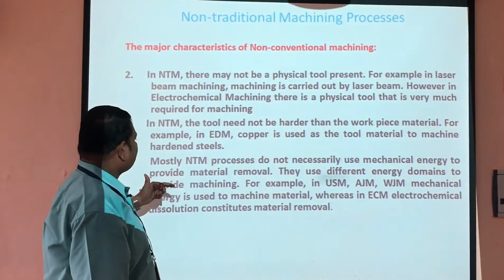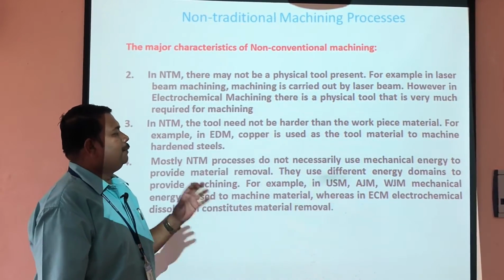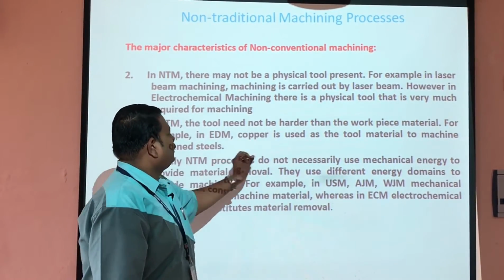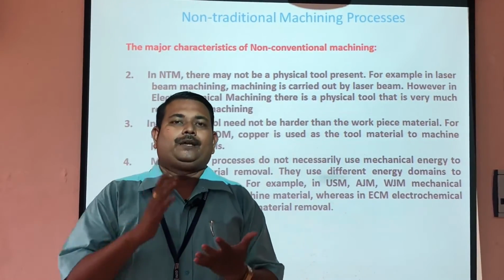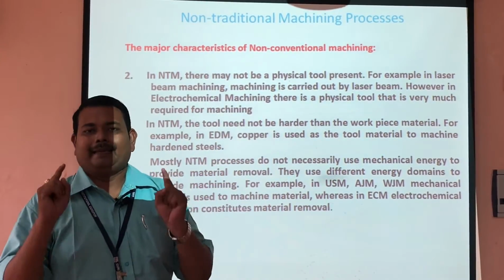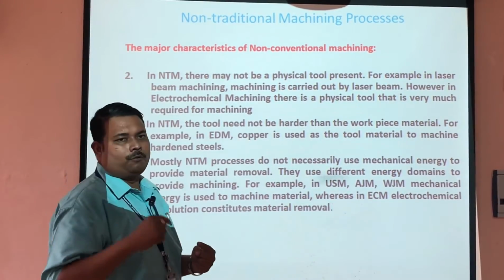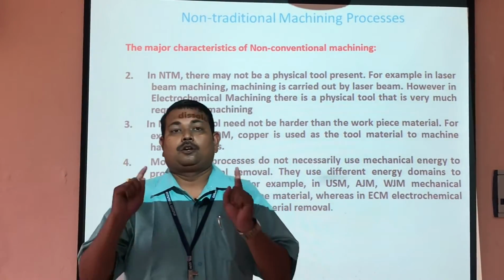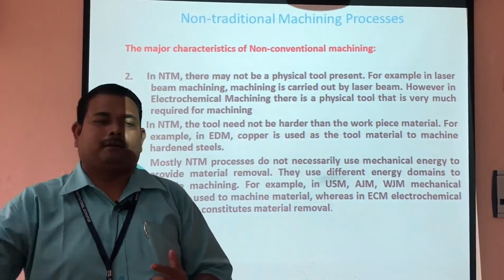Then second last characteristic is, NTM processes do not necessarily use mechanical energy to provide the metal removal rate. Only mechanical energy is not required. We can use various energy domains for machining in non-traditional machining process. That we can discuss when we classify the non-traditional machining process basing upon the energy domain.